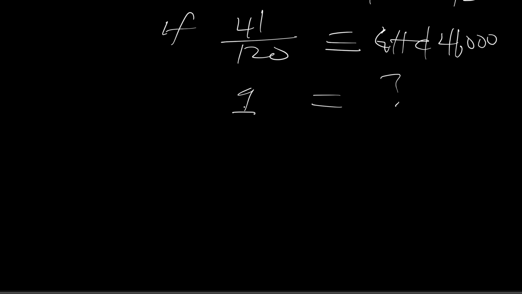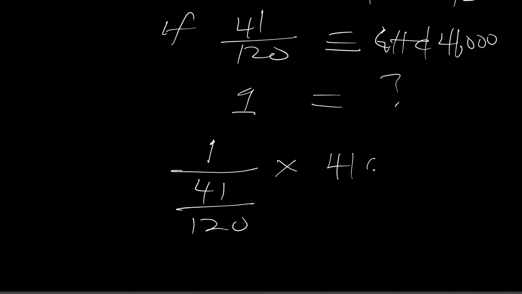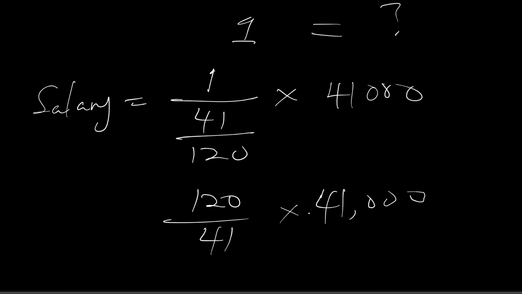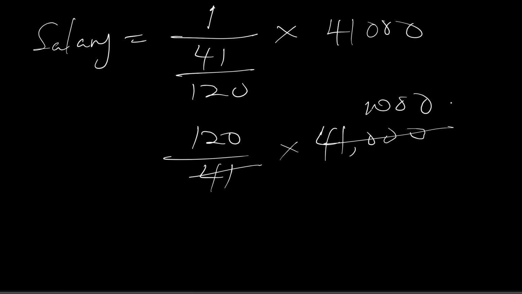So we can say that 1 divided by 41/120 times 41,000 will be his salary. So this is the same as 120 divided by 41 times 41,000. Now this goes here 1,000 times. And 120 times 1,000 we have.